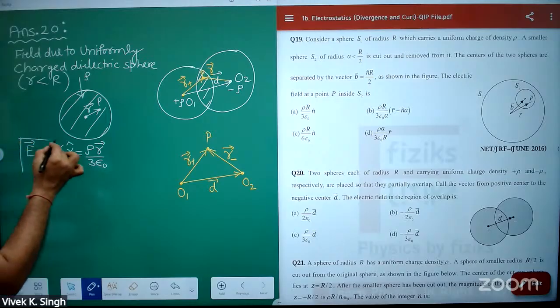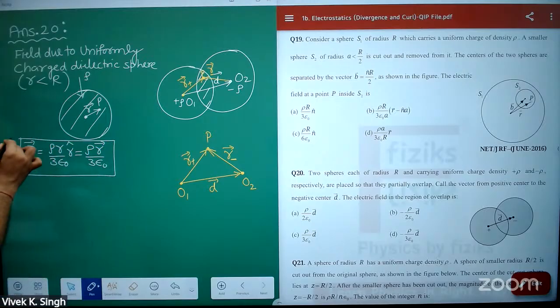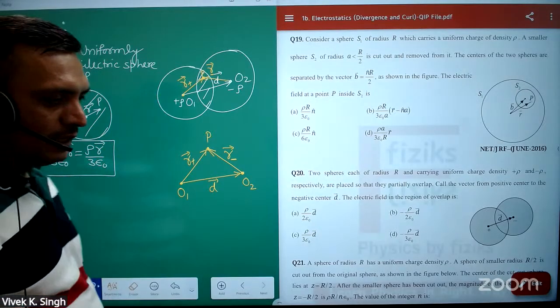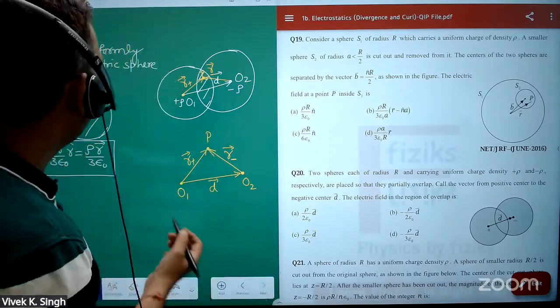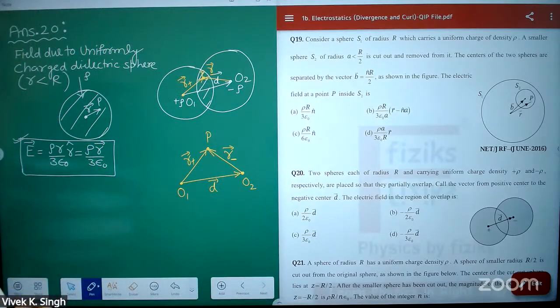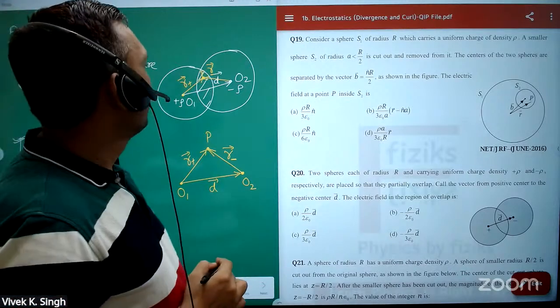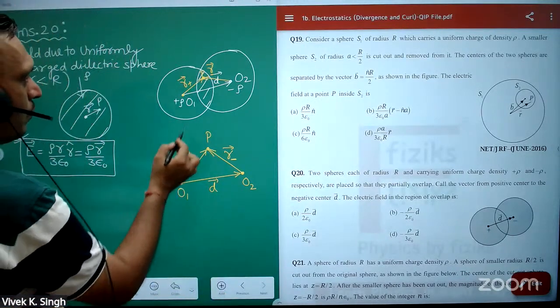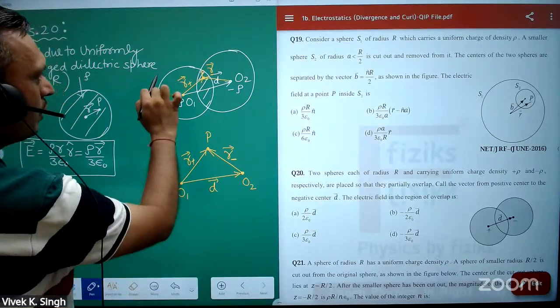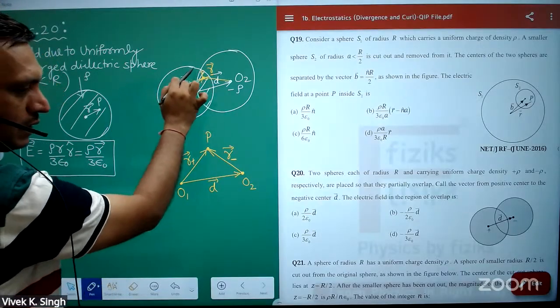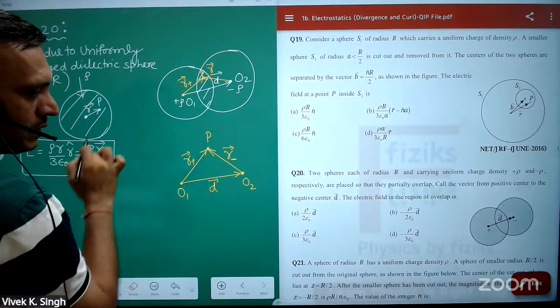If you remember this result, only then you can find it. Otherwise, you have to derive first the field due to a uniformly charged dielectric sphere. So it's a standard result. You must remember it. Now focus on this plus rho charge. Point P is within this.